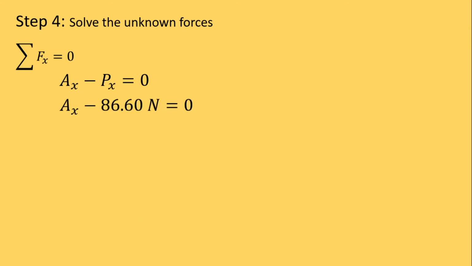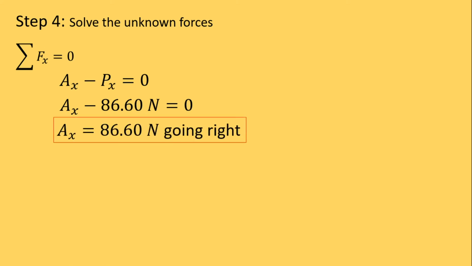Okay, so to get that, since may value yung ating PX, which is 86.60 Newton, so AX minus 86.60 Newton is equal to 0. So definitely AX is equal to 86.60 Newton na going right. Since dalawa lang naman sila nagkokontrahan, so parehas lang sila, equal lang sila to make the body equilibrium.